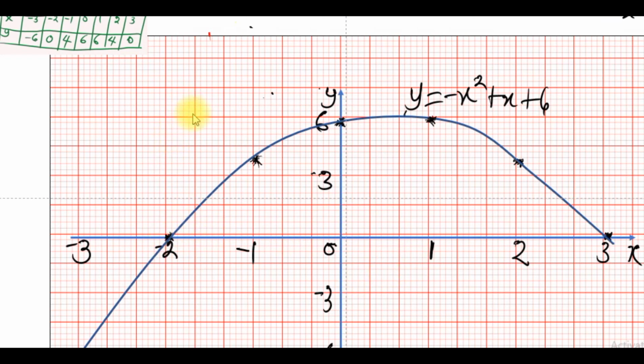Remember I told you the solution of any quadratic equation by the graphical method is the point of intersection of the x-axis and the curve. Remember the curve is minus x squared plus x plus 6. So from here our answer is minus 2 and 3.